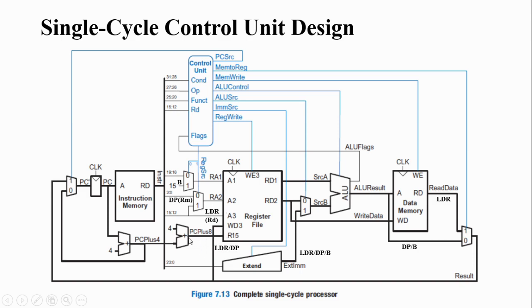So R15 will be selected based on this, and whatever value you are writing, it will be written to R15. So how will you write? You need to select this signal, so R15 will be selected and a register write should be given, right? So the PC can be updated in the branch operation. And not in the branch operation, how will you write directly into R15? R15 should be selected as the destination. So R15 is selected destination by using this, and you are writing to the register file, right? So that is how it is done.